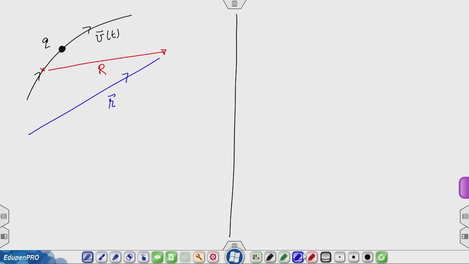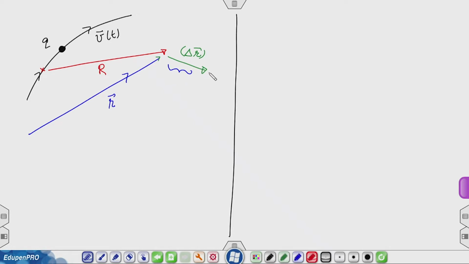When I vary r, let us say by delta r, all the quantities change on two counts. One, because I have changed this position, so this is one change.